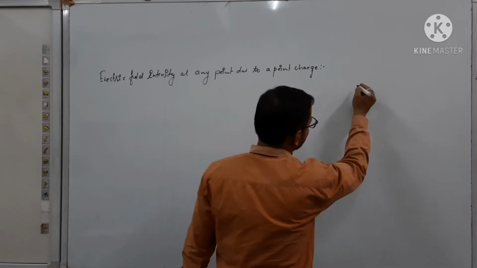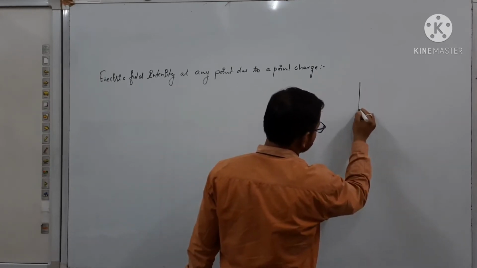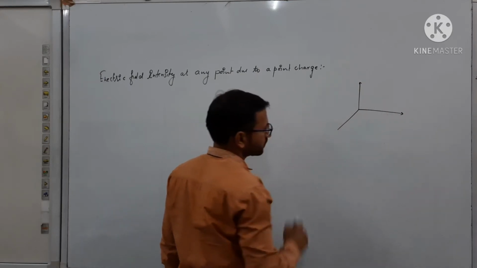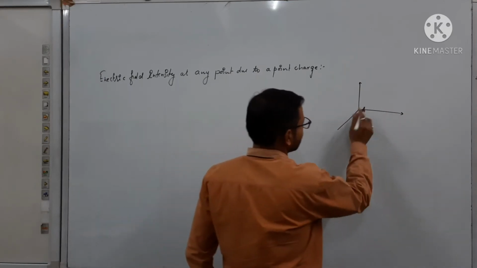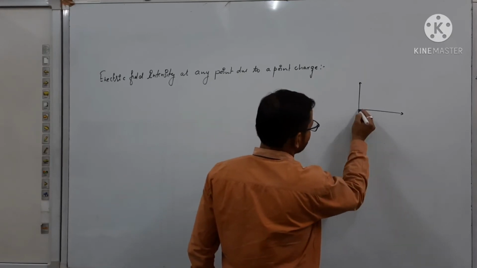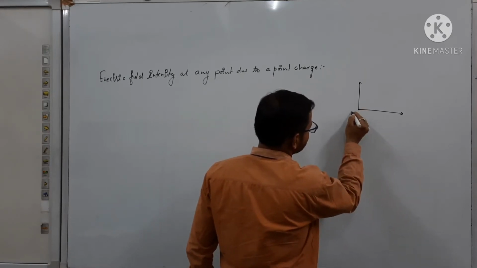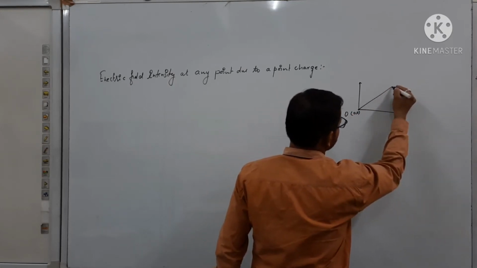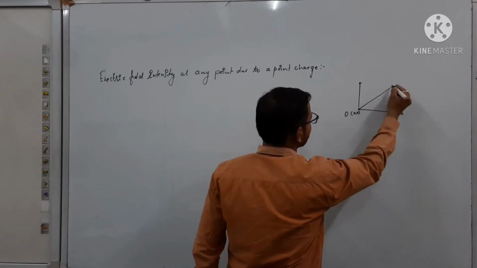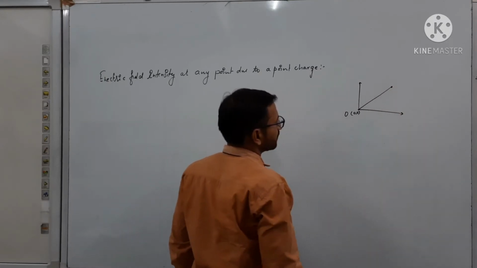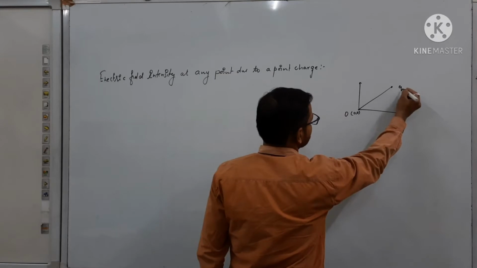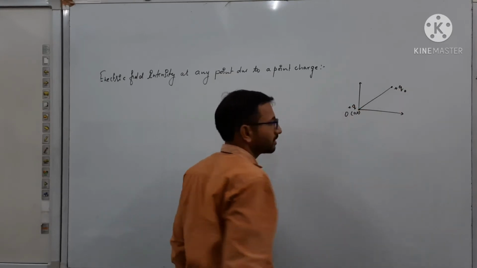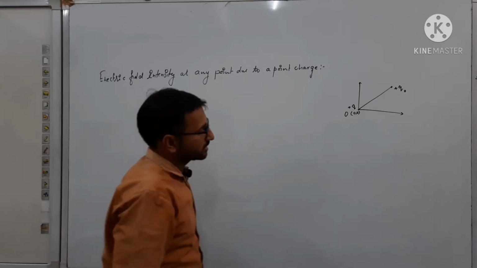If you want to represent this diagram in the xyz plane, you can see here in the xy plane, this is our origin, and at a distance from the origin we have a test charge q naught, and at the origin I placed a source charge plus q.